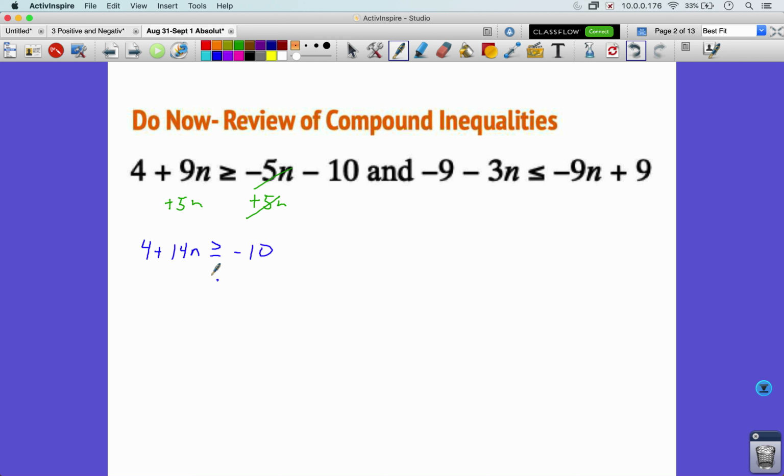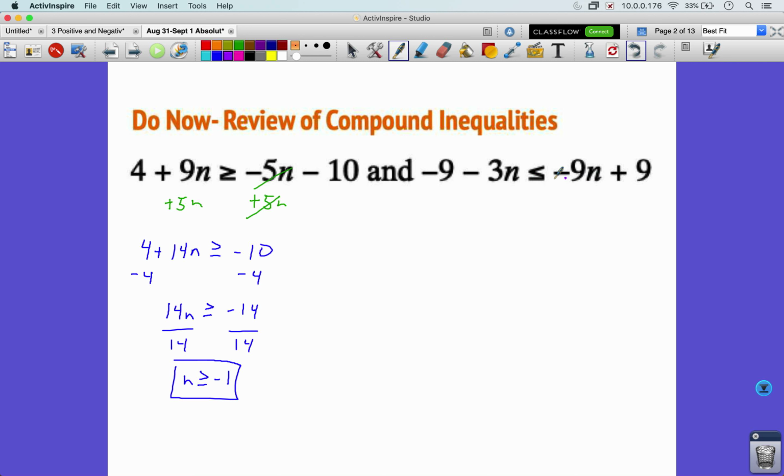Alright, then I want to move everything else away from the variable, so that means subtracting 4 from both sides. I get 14n is greater than or equal to negative 14. Divide both sides by 14. And I get that n is greater than or equal to negative 1. I can put a box around that because my variable is isolated on the left-hand side.